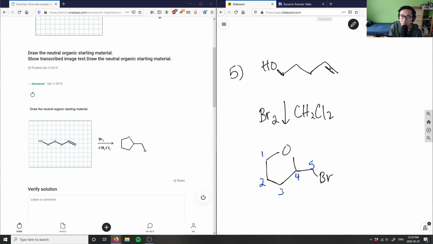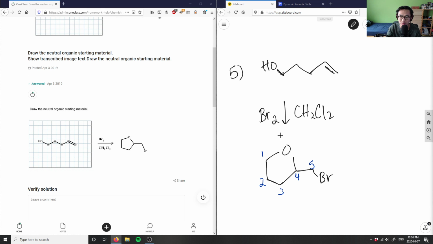So that Br2 can add to the 5th carbon here. And I'm just going to check if it actually goes anti-Markovnikov here. It should add to one of these carbons.